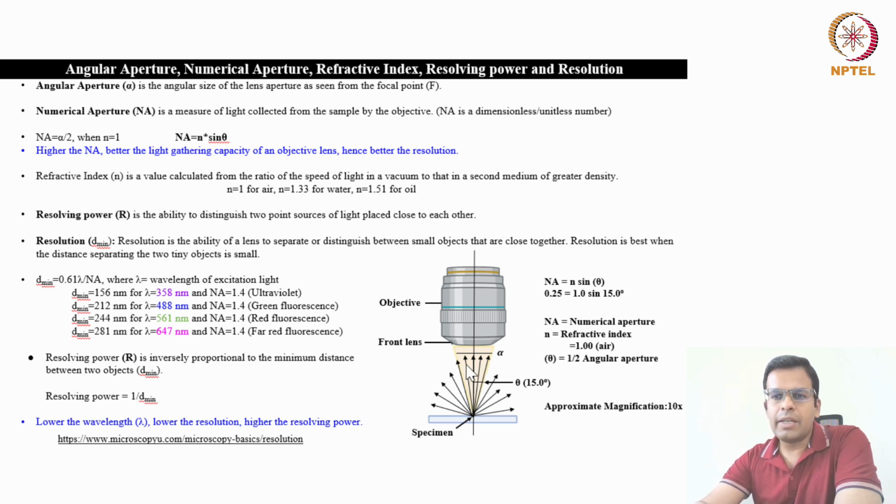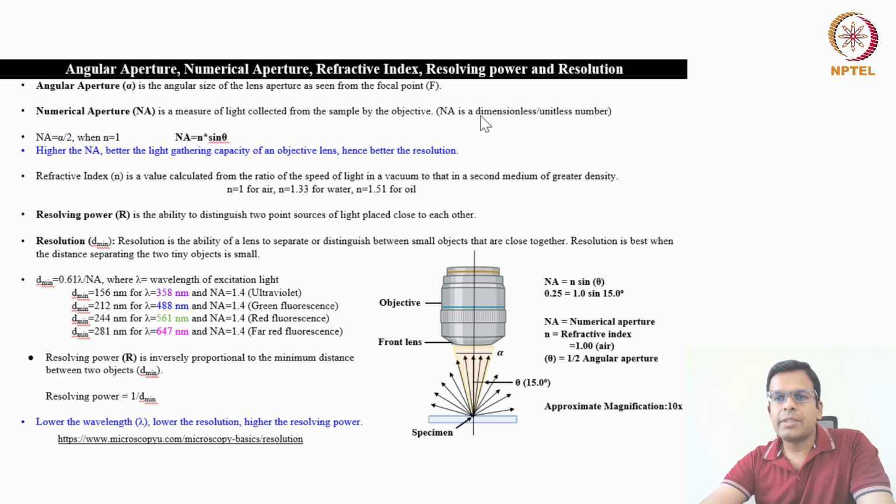That is because of the numerical aperture. So if the numerical aperture is higher, the lens can collect more light. But if the numerical aperture is lower, then the lens will collect less light from the sample.